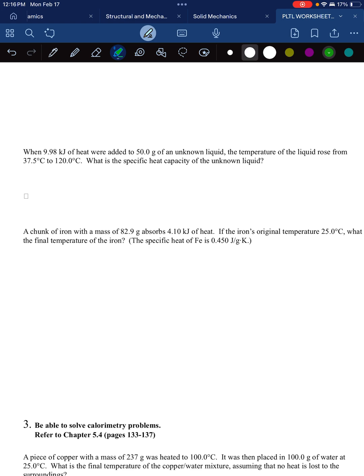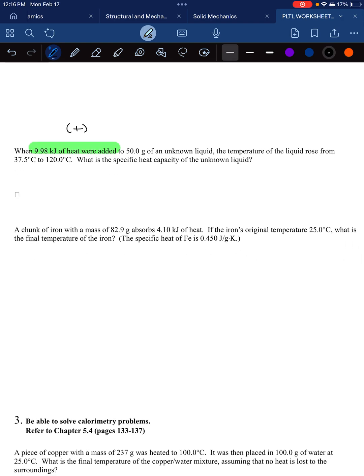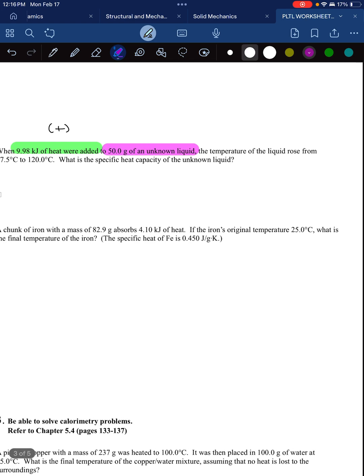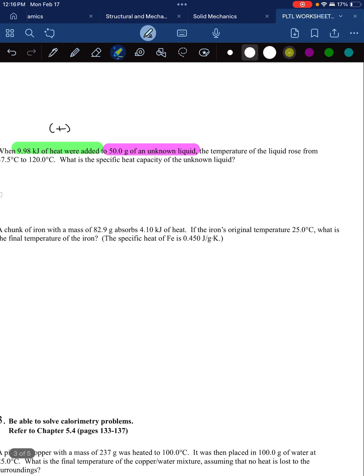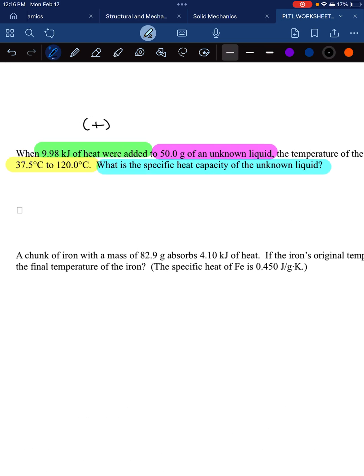When 9.98 kilojoules of heat are added, so I'm just going to go ahead and mark down that that's positive, to 50 grams of an unknown liquid, the temperature of the liquid rose from 37.5 to 120. What is the specific heat capacity of the unknown liquid? Very similar to the last one.